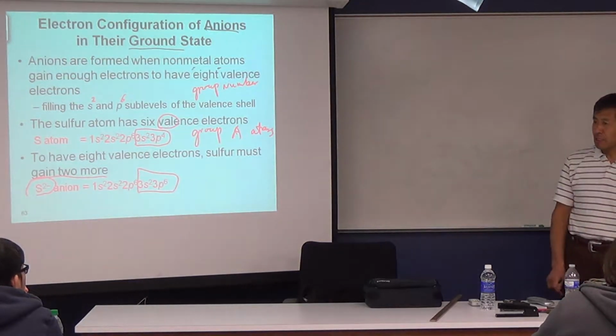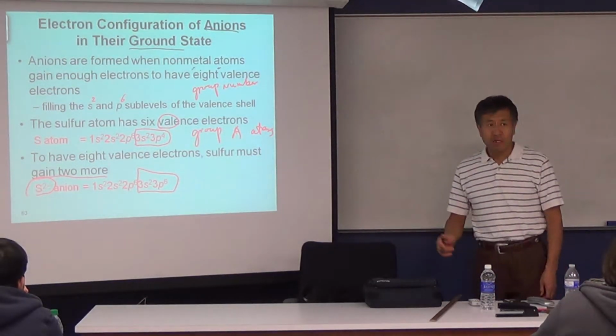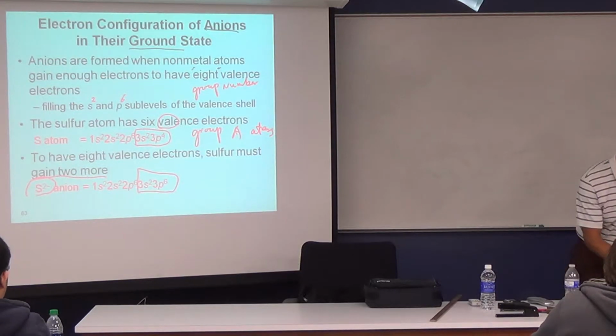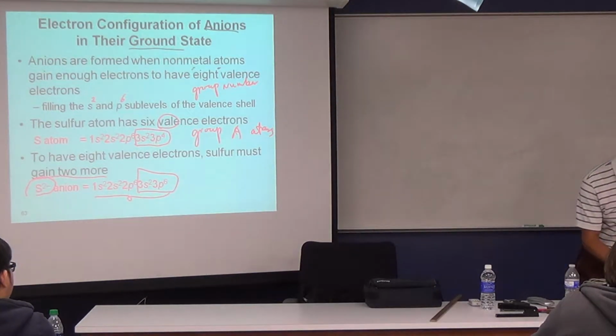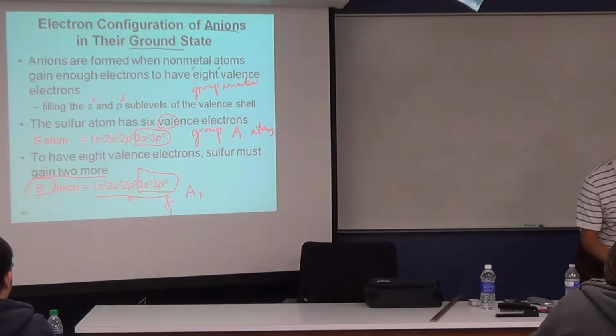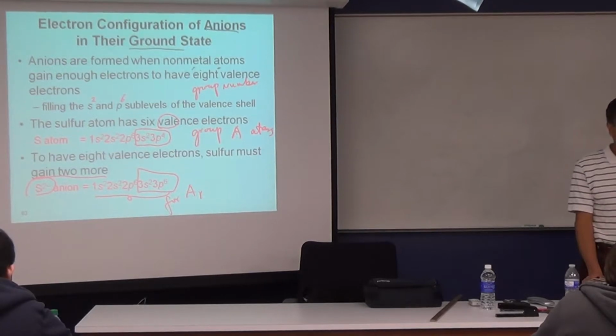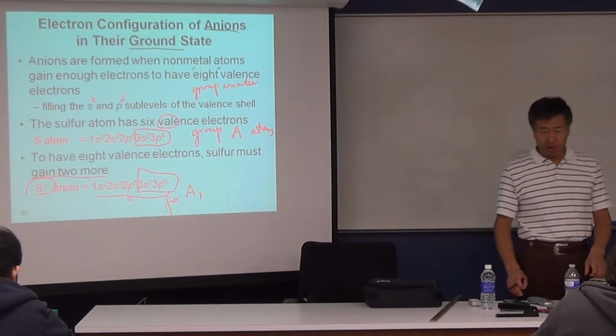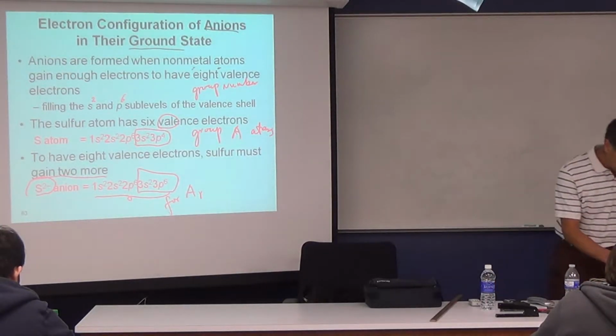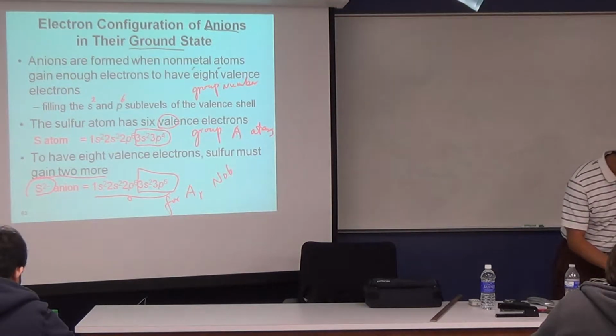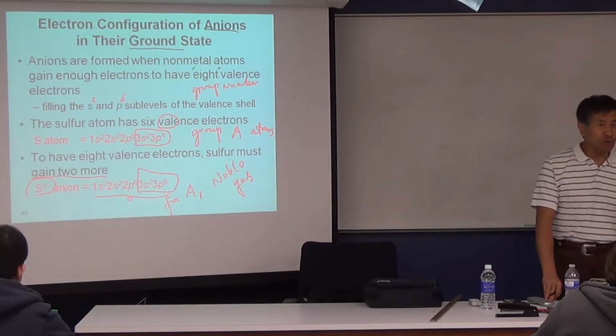And that also tells us this configuration altogether is the same as the configuration for argon. This configuration is for argon, which has 18 electrons. Now we know argon is a noble gas, and we know noble gases are stable.